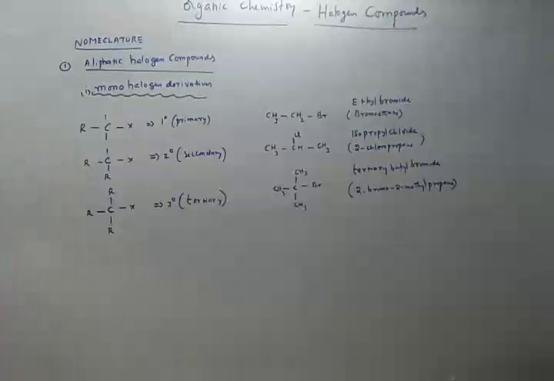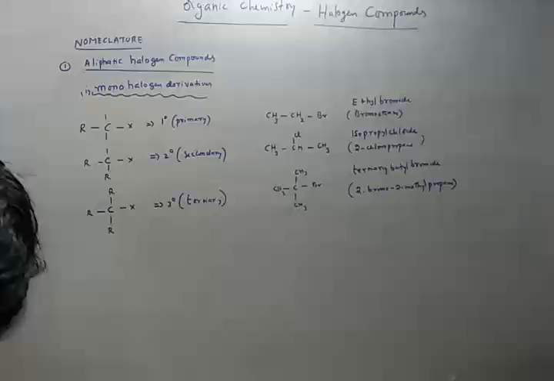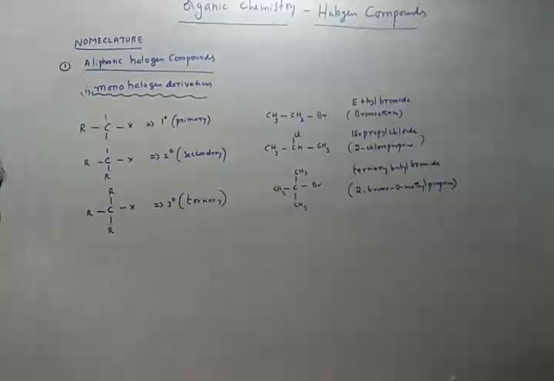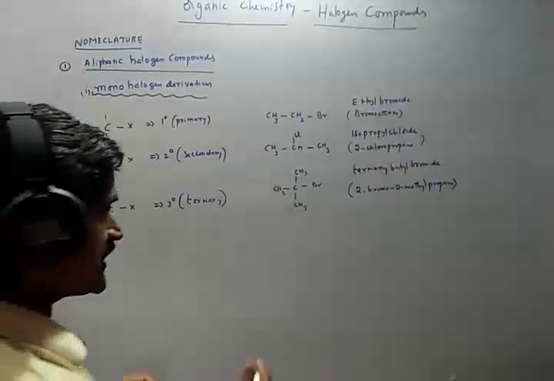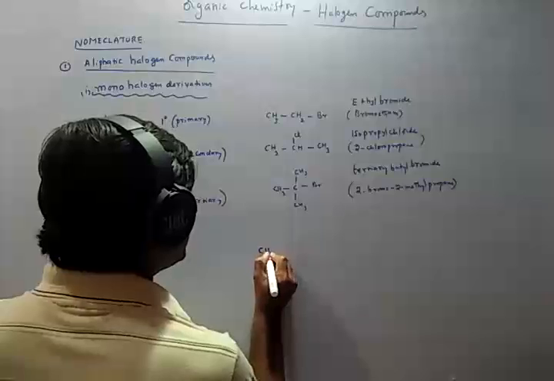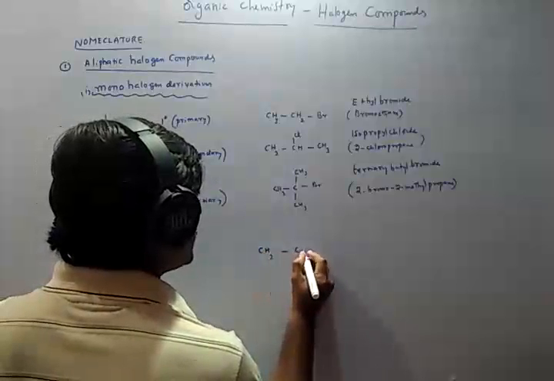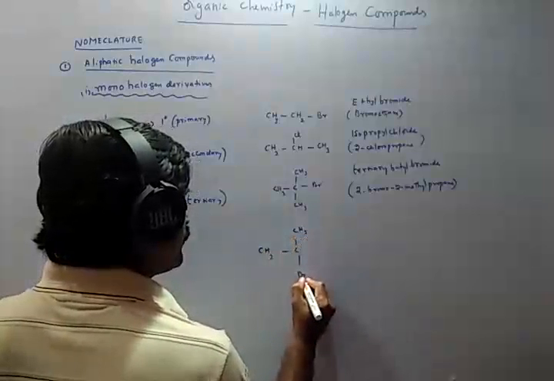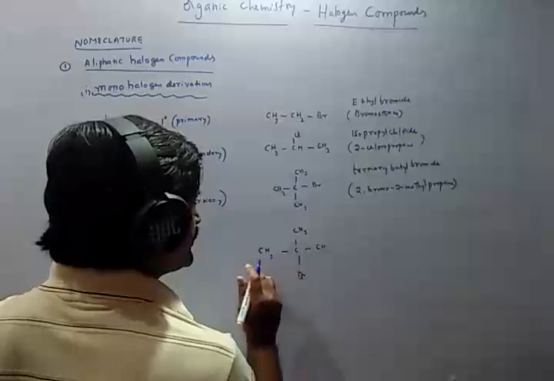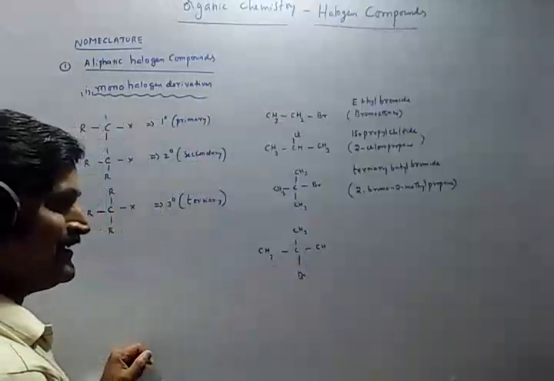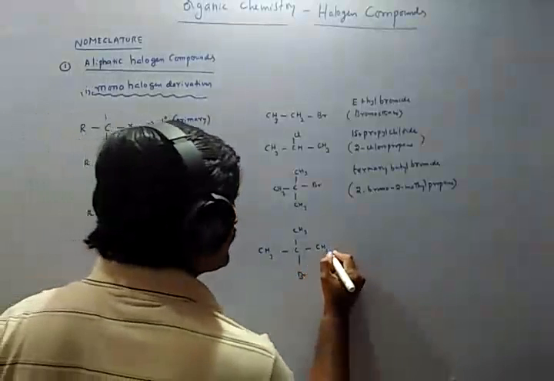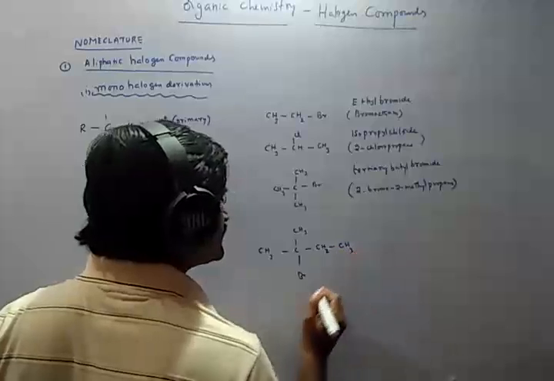Coming to haloalkanes which are quite different, like tertiary pentyl bromide. How can I write tertiary pentyl bromide? Let us see. CH3, C, here I am writing CH3, here I am writing bromine, and I am continuing. Pentyl, so already I have 4 carbons. I just have to write one more carbon, that is CH3.